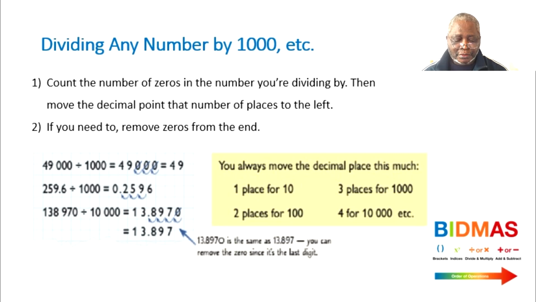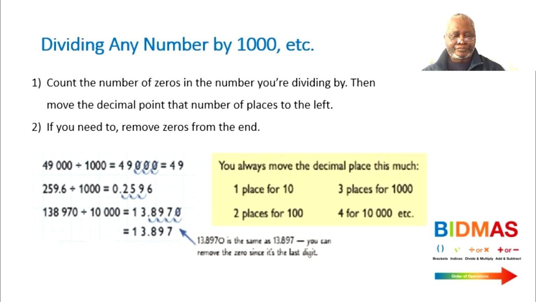Always move your decimal point this way. 1 place for 10, 2 places for 100, 3 places for 1,000, 4 places for 10,000. How many places will you move it for 100,000? Yes, 5 places because there are 5 zeros in 100,000.